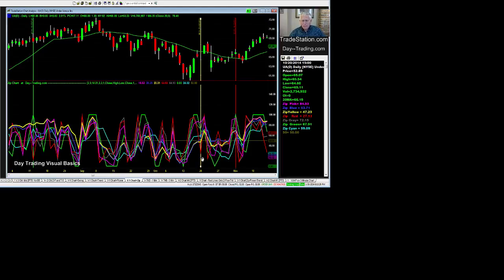The zip pink is at 84.9, and again, if you understand these lines and the definitions, zip pink is your price barometer. It follows the price, and so we know the price is up there high, even though we have a doji that's at the low of the previous day.